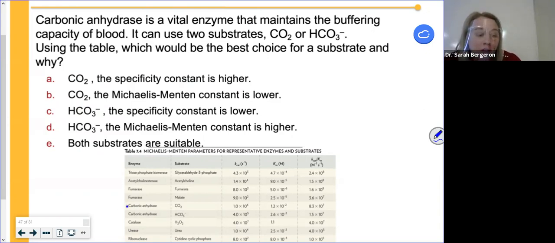So you're going to look at carbonic anhydrase. Here are my two substrates. Which one is the correct choice? CO2. CO2 is the correct choice. Now, the question is why? You can't just say that the catalytic efficiency is the highest. You have to tell me why the catalytic efficiency is the highest.